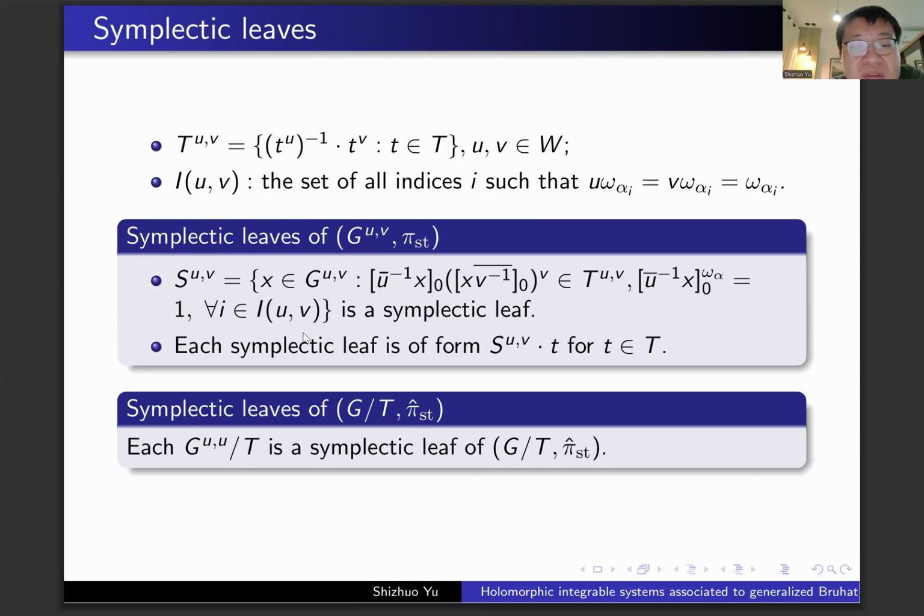And for other symplectic leaves, you can understand them as a translation of some elements in the torus of this SUV. And this also applies for the reduced case: the reduced double Bruhat cell GUU over T is a symplectic leaf of G mod T as well.